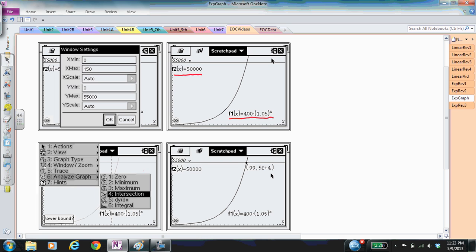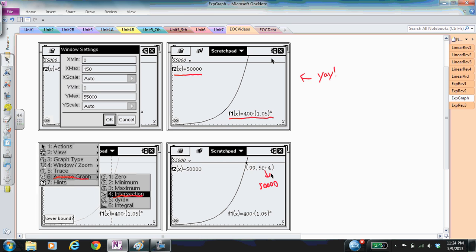Now, once I graphed both lines, I was able to see it. And I said, yay, because that looks wonderful. And then I did menu, analyze graph, intersection. And then I set my lower bound and my upper bound, and it gave me this point, which 5e plus 4 means 5 with 4 zeros.